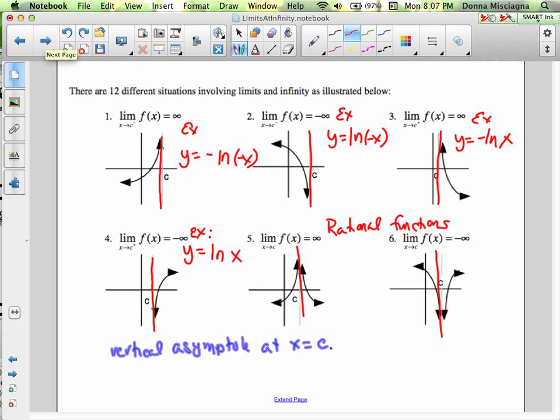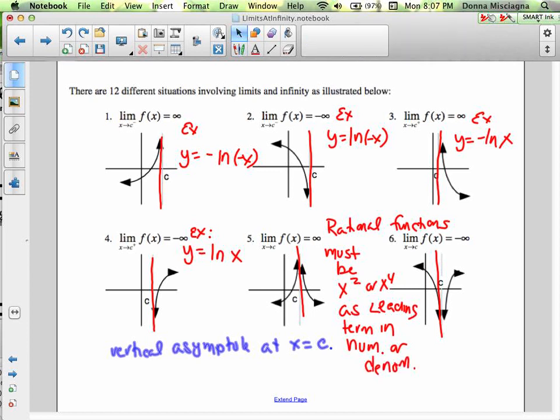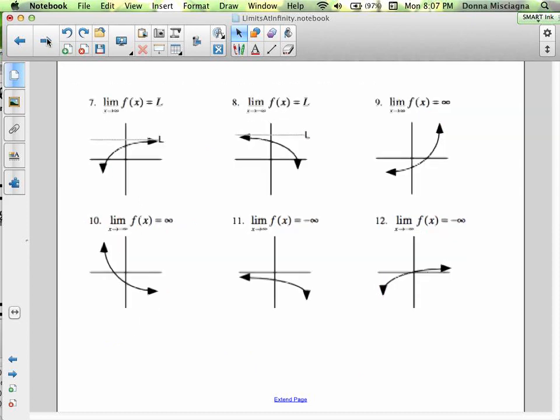So to get them both to go the same direction, there must be an x squared or x to the 4th as the leading term in the numerator or denominator. Right, that's what would make it go the same direction. So here are just some things to help you understand and recognize these shapes and other functions that would have vertical asymptotes.